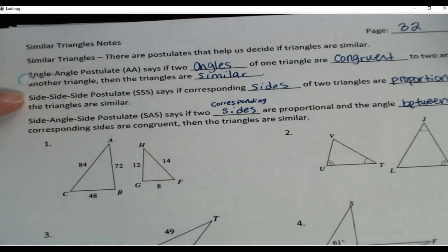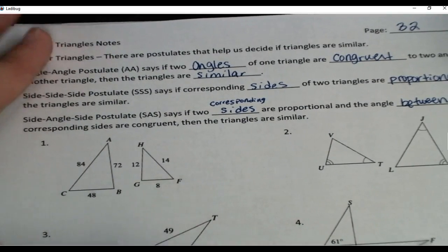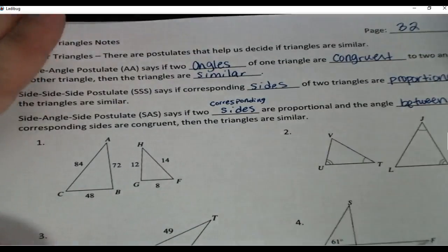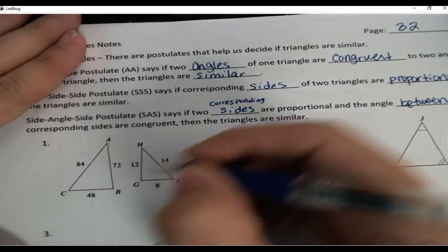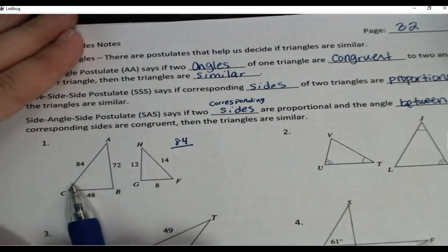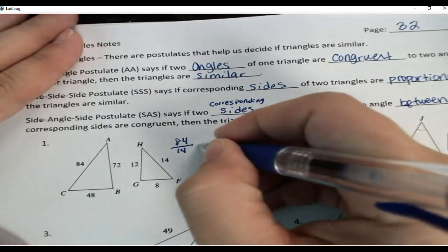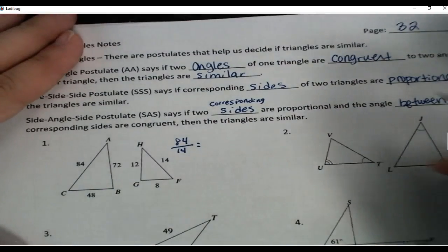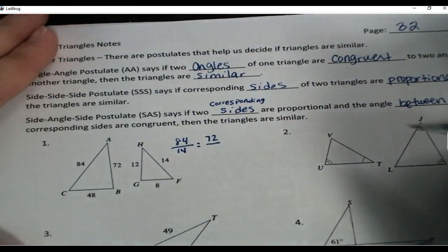So to determine if it's side, side, side, we set up all of our proportions and we see if they're equal. Okay. So first I'm going to say 84 over, what side does the 84 match on the smaller one? 14. Good. So we want to know, does that equal 72 over what side? 12.